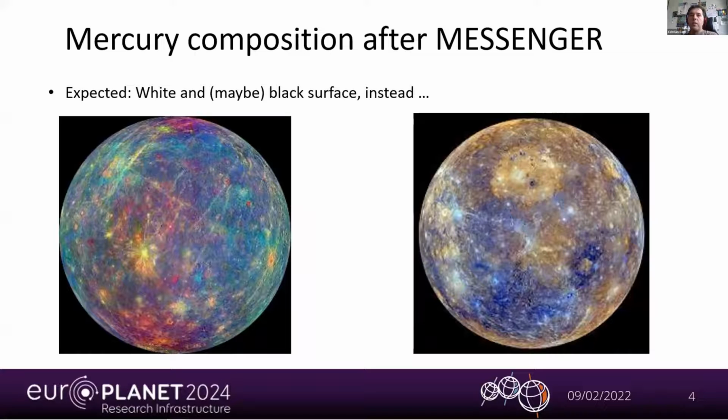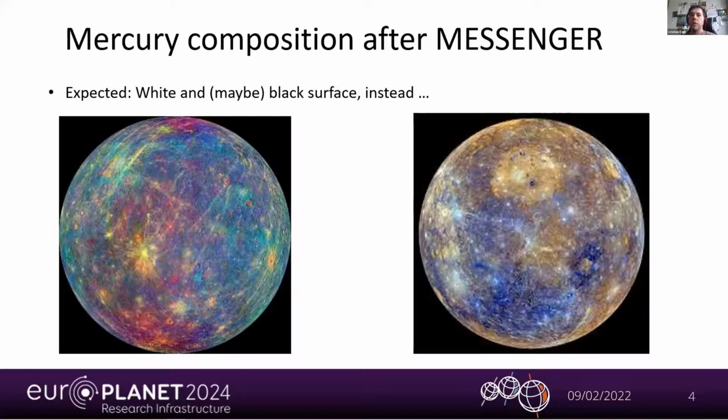Then we have MESSENGER, and we started seeing that the surface was not black and white, or not mainly divided, as we can see for the Moon, with specific composition dedicated to the maria and a specific composition globally for the highlands. Instead we have a clear variegation.